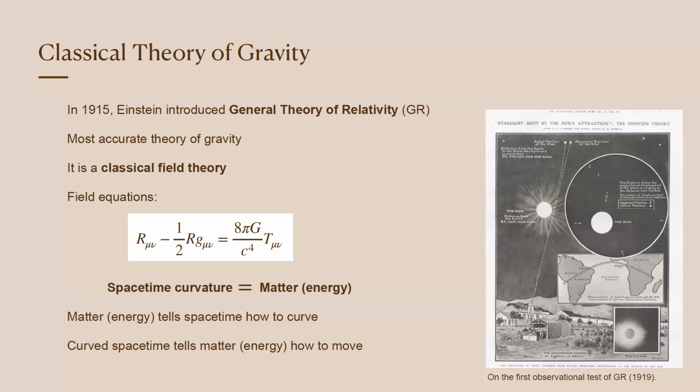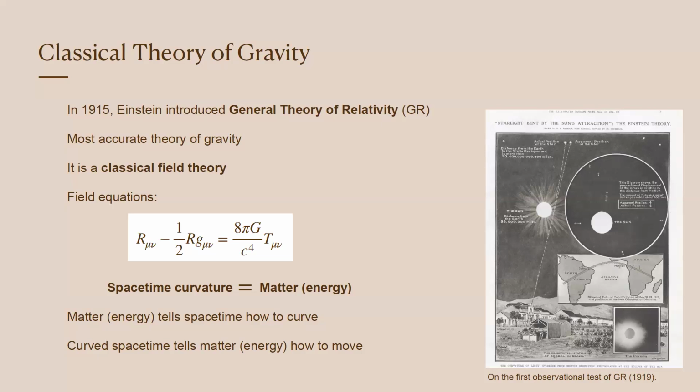It happened in 1919. There is one prediction from GR, the bending of light by the presence of a massive object, the sun. They were able to capture the bending angle, and it was very, very close to what was predicted by GR.